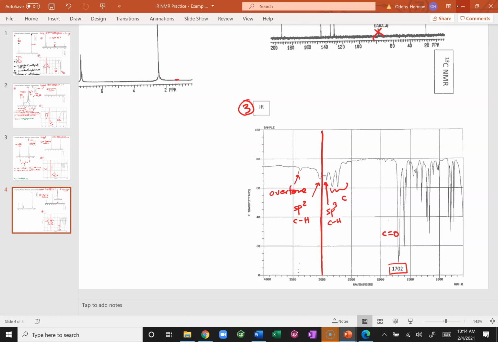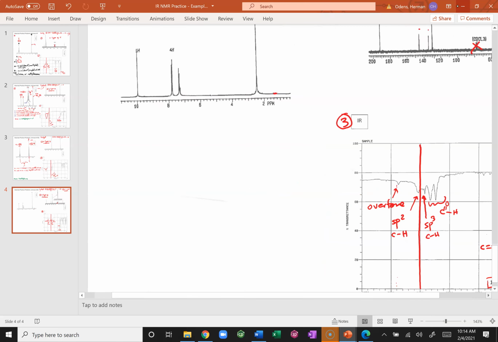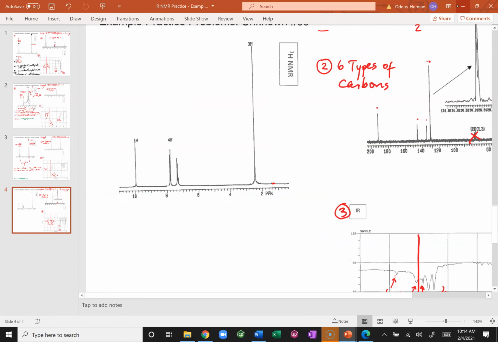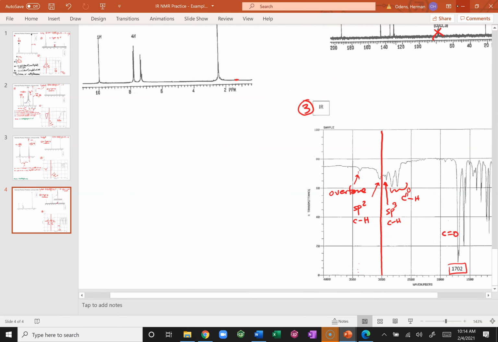And this represents your aldehyde group. So we know we have an aldehyde group. We can for sure assign that in the proton NMR. You can actually see the CH of the aldehyde group in the proton NMR. All right, so that's 3.